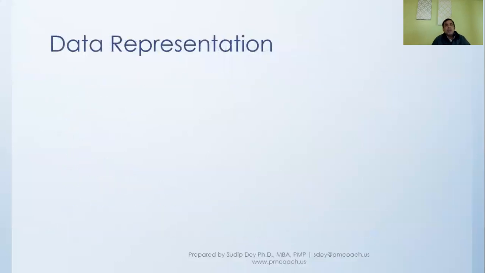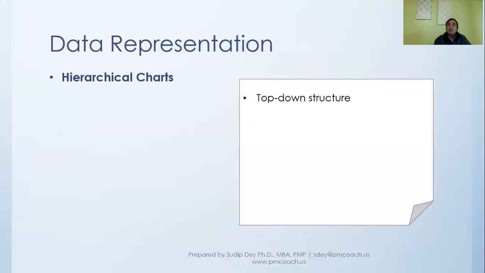Now, when we are doing this planning, or as we move forward, there are different ways we will represent the data. One is what we call hierarchical charts. Hierarchical charts are things like, for example, the organization structure we have seen.